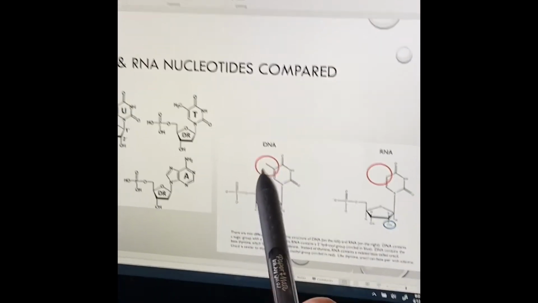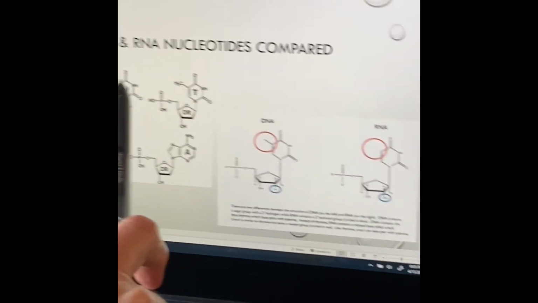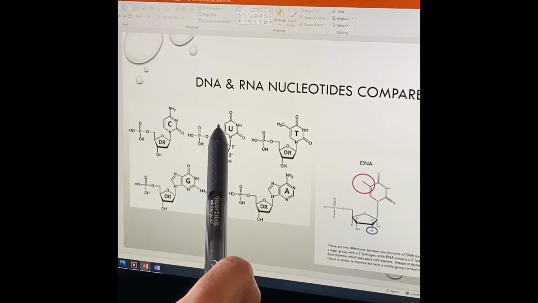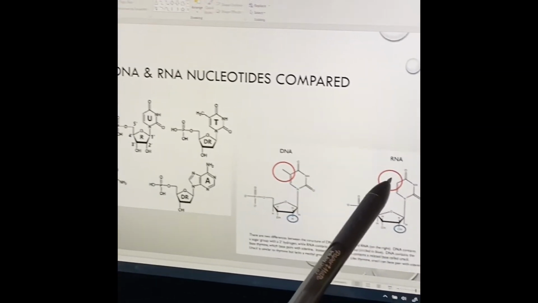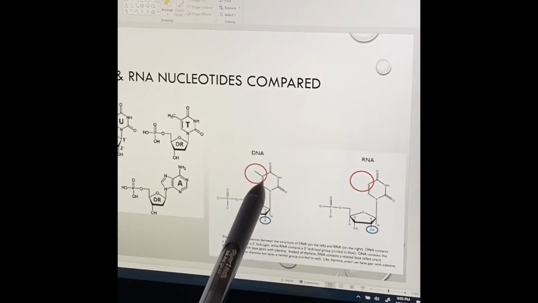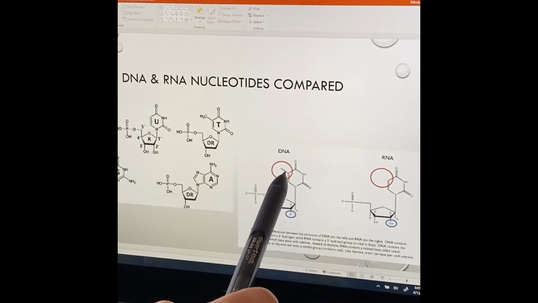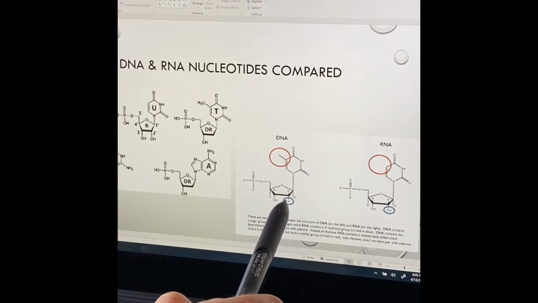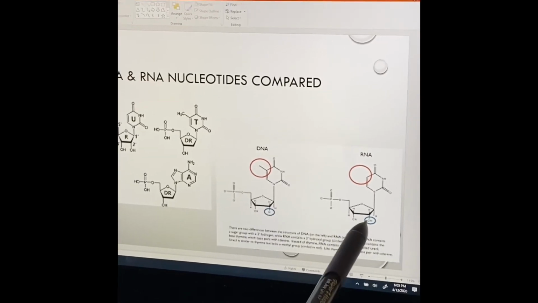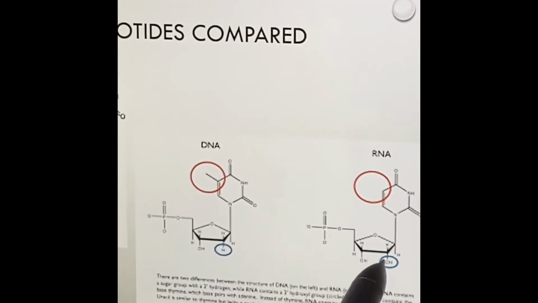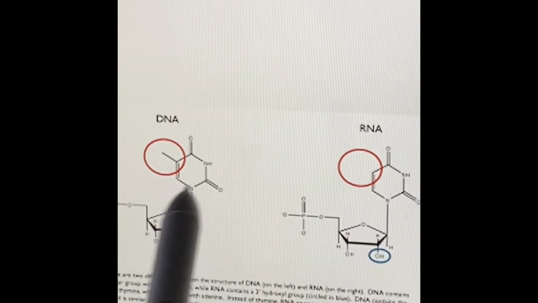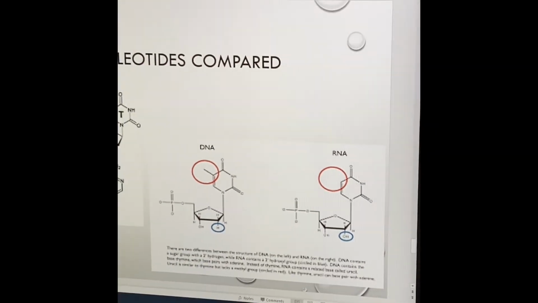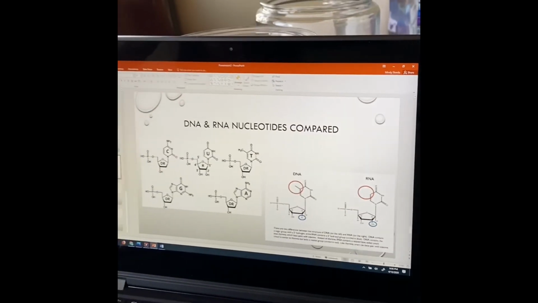Then over here it shows too the uracil, the U, doesn't have a carbon bonded off of the side of it, but the T does. The T goes with DNA. So there's the missing oxygen on DNA, and there's the oxygen on the RNA molecule. So those are the differences between the 2 nucleotides.